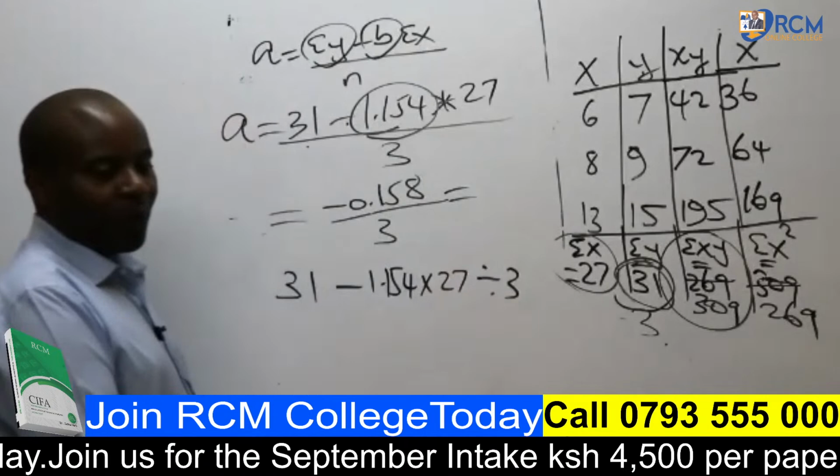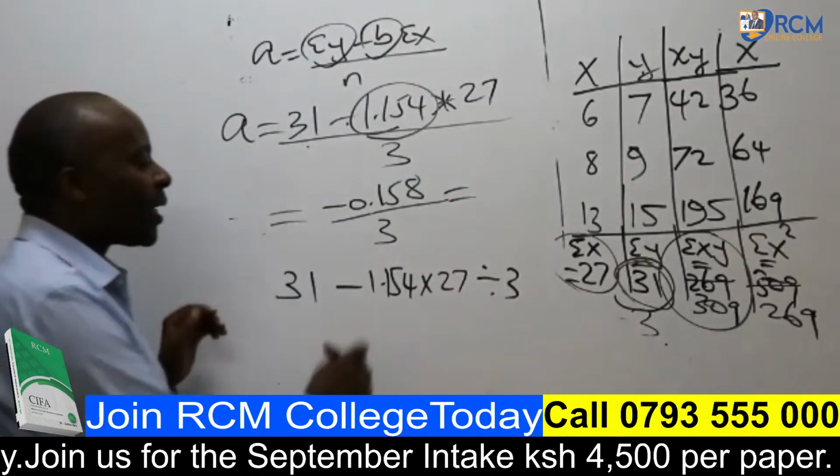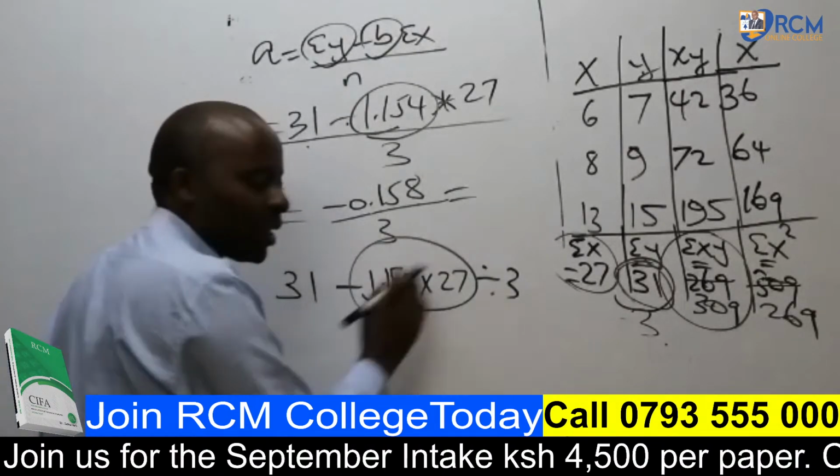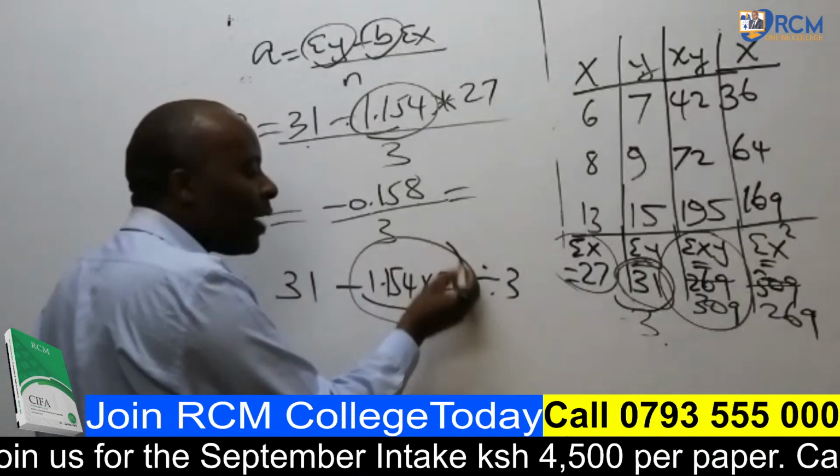By 3. So the calculator picks this alone to be divided by what? And you see this 3 is supposed to be a divisor for both.